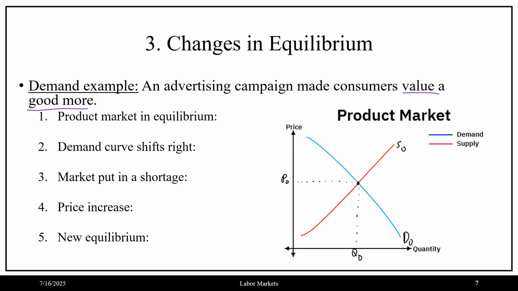So let us model what's going on in the world. Okay, so we have item number one. The product market is in equilibrium, and I'm going to call this point A over here. So at A, we are at a quantity level of Q0 and a price level of P0. All right, then the advertising campaign hit. It was successful. Consumers have made their change.